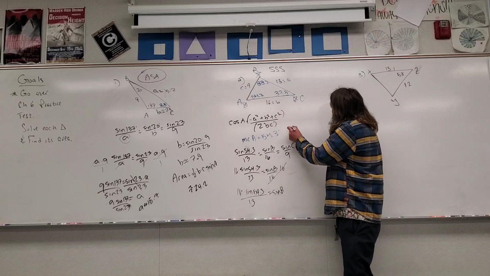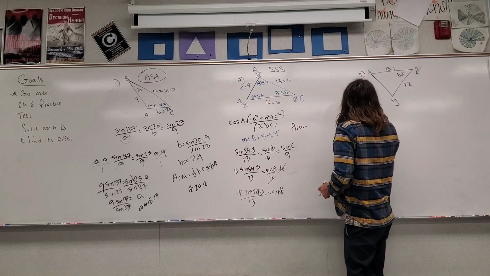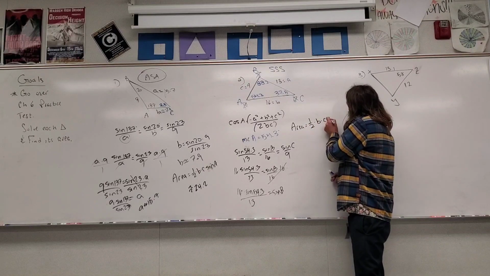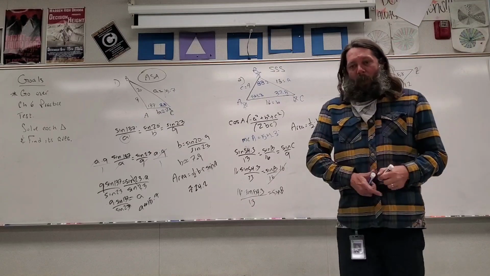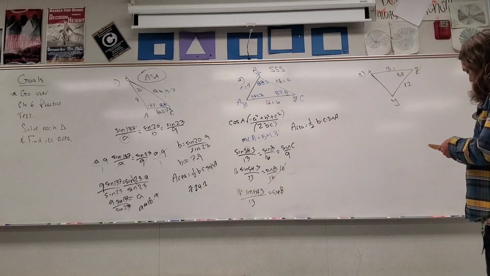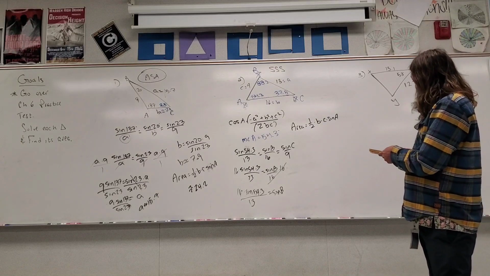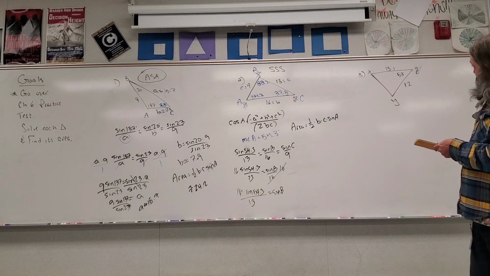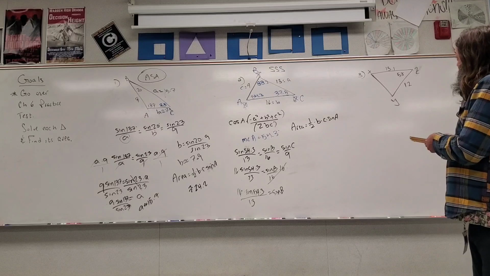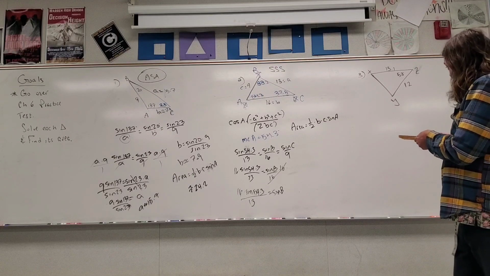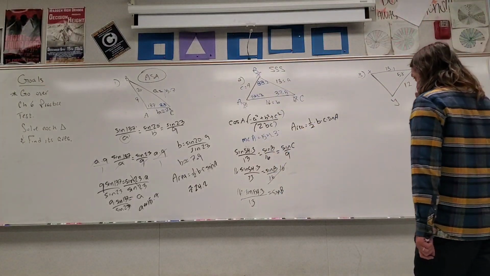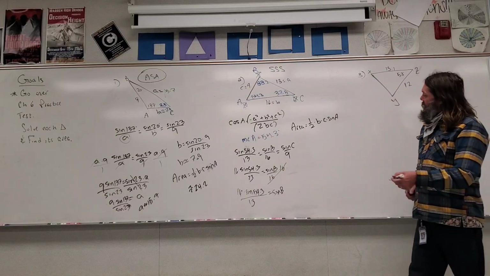So again, the area is equal to 1/2 times the length of B times the length of C times the sine of angle A. So the area of this guy is going to be 0.5 times the length of B, which is 16, times the length of C, which is 9, times the sine of 54.3 degrees, and that is 58.47, which rounds to 58.5 little squares to cover that.